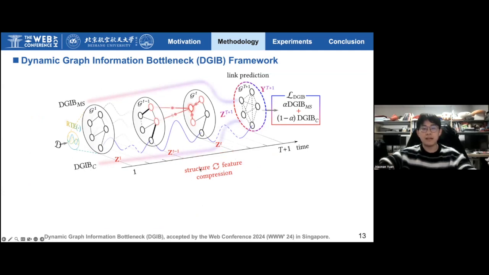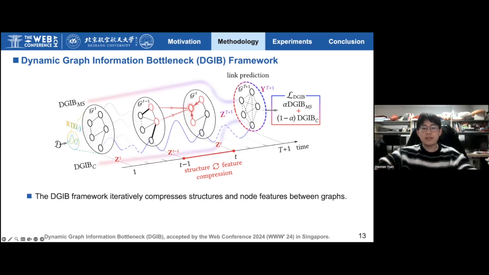Taking the time from t-1 to t, for example, the node features are updated through message passing across time slices. In terms of the graph structure, the modulation, or we say compression, of information flow across time can be realized by adjusting the weights of the edges within the graph and across time slices. So this process iteratively compresses structures and node features between graphs.